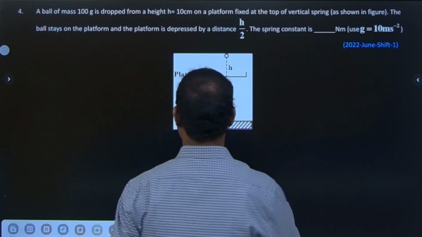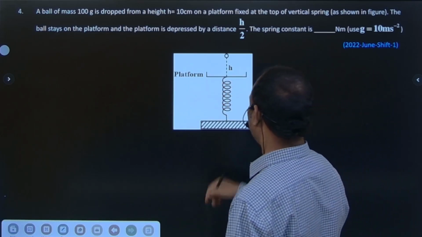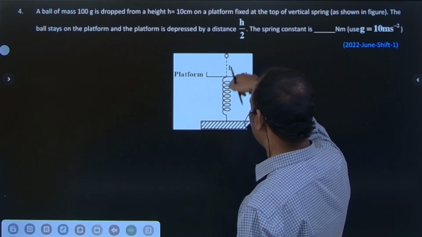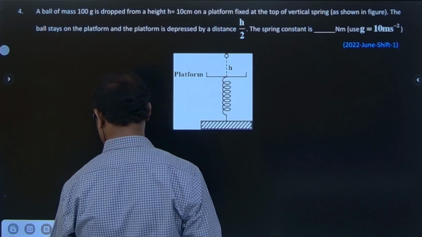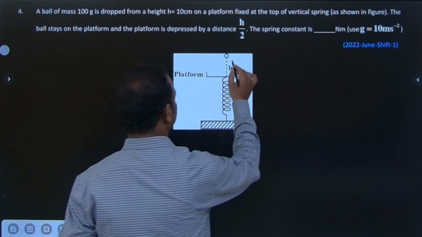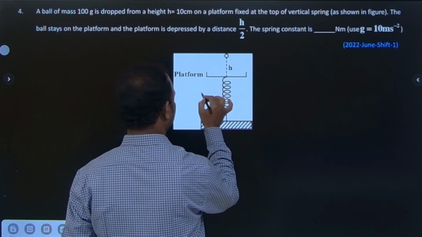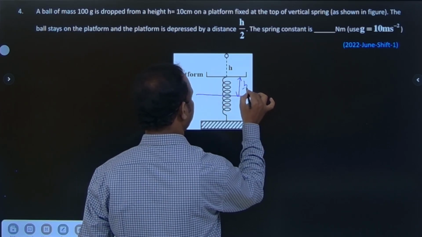Here is the question. There is a spring platform as mentioned. On the spring platform, there is a ball. The ball is dropped from a certain height. When the ball is dropped from the height, the spring is compressed like this by h by 2.